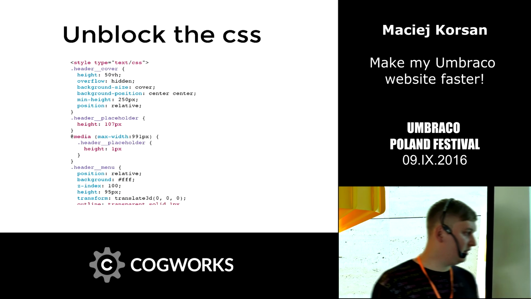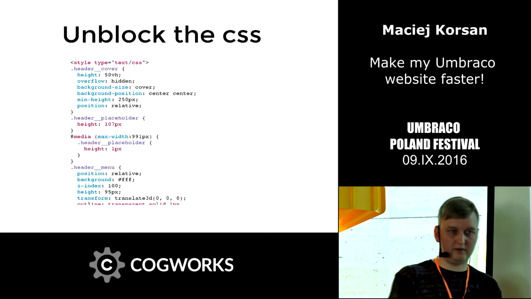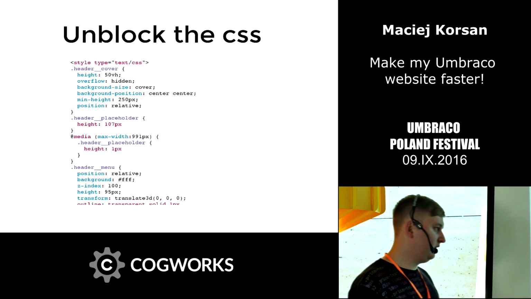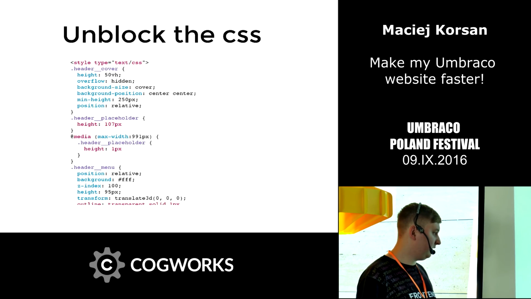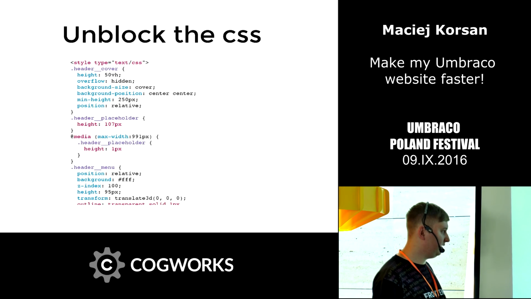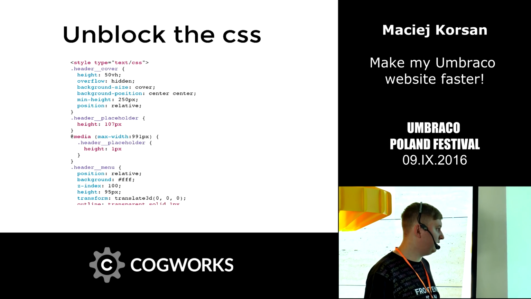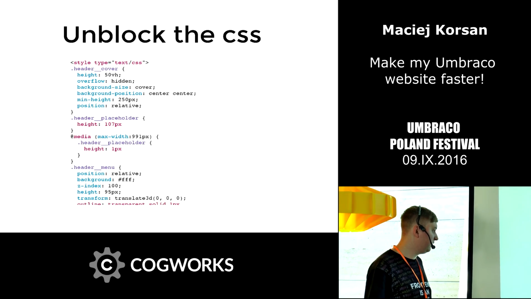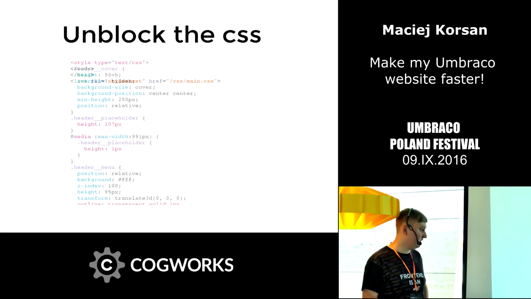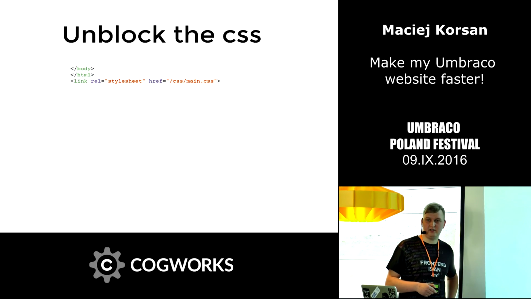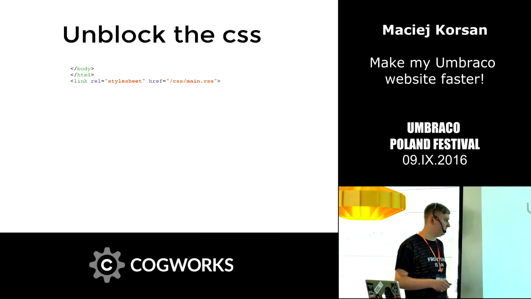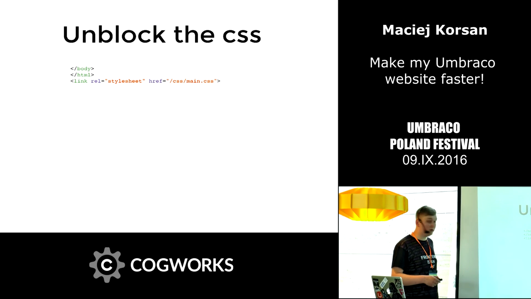And then we can render the whole thing and download the rest of the CSS. So I've placed this header-related stuff inline in the head section, and moved the rest of the CSS outside of the HTML. This is crazy. Nobody does that, but I do. And Google says that it's the proper way to do this.